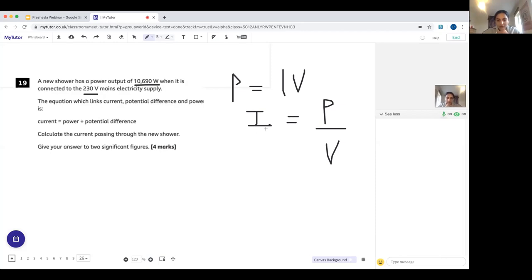So current equals power divided by voltage. Remembering to read the whole question, which says give your answer to two significant figures.